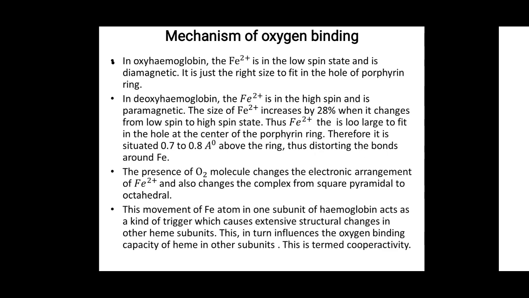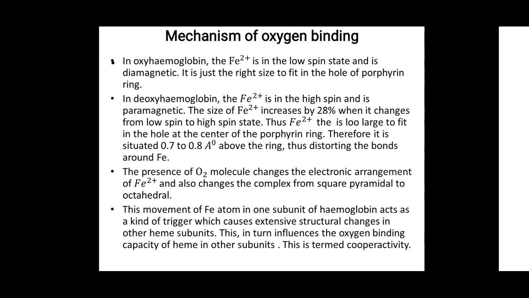So oxyhemoglobin is octahedral, whereas the species that does not bind with oxygen, that doesn't mean deoxyhemoglobin, the species of hemoglobin before binding with oxygen is considered a species of square pyramidal geometry. So during the binding of oxygen, there is a change in shape. The lone pairs shift, and that's why the shape changes from square pyramidal to octahedral.